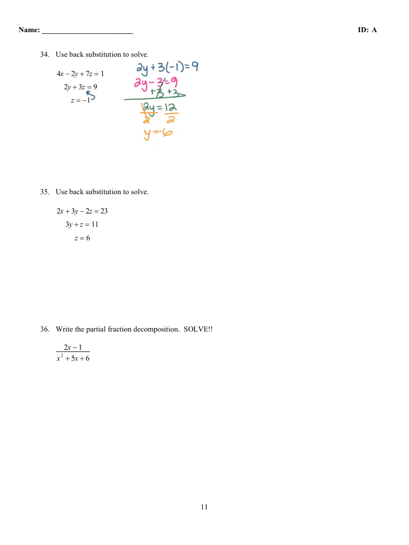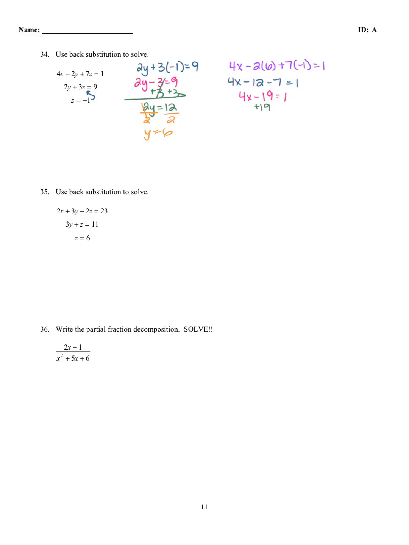We're going to take this 6 and the negative 1, plug it in for y and z in the top equation to solve for x. So that'll give us 4x minus 2 times 6 plus 7 times negative 1 is equal to 1. That simplifies to give us 4x minus 12 minus 7 is equal to 1, which is 4x minus 19 is equal to 1.